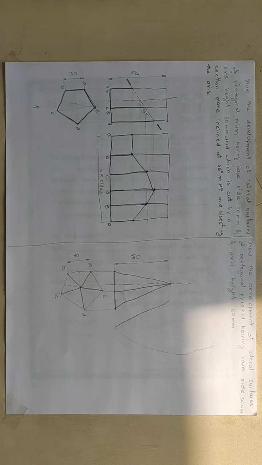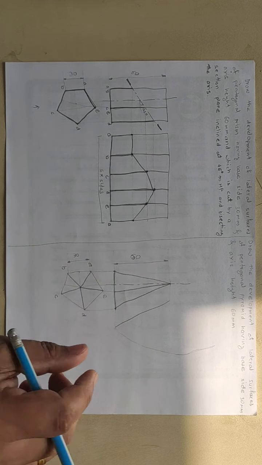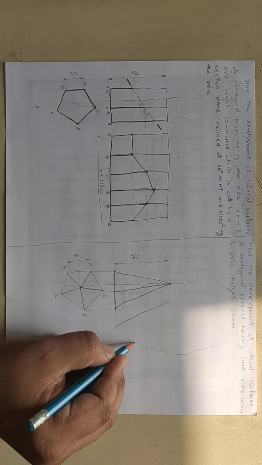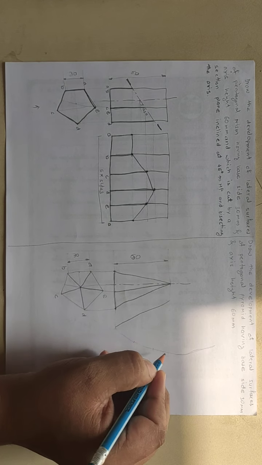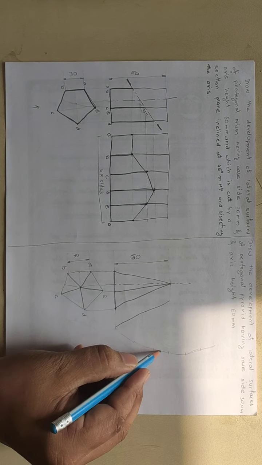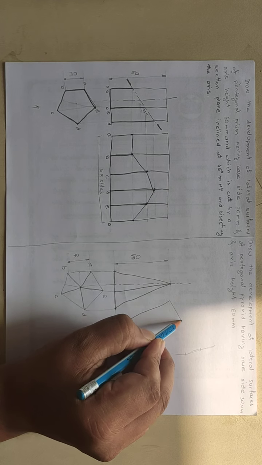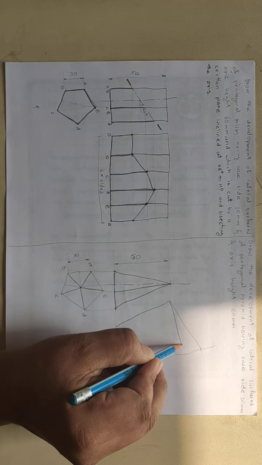Then take 30 mm distance in your compass, put it over here, and again draw 5 arcs like this: 1, 2, 3, 4, 5. Okay, and join this with straight lines.